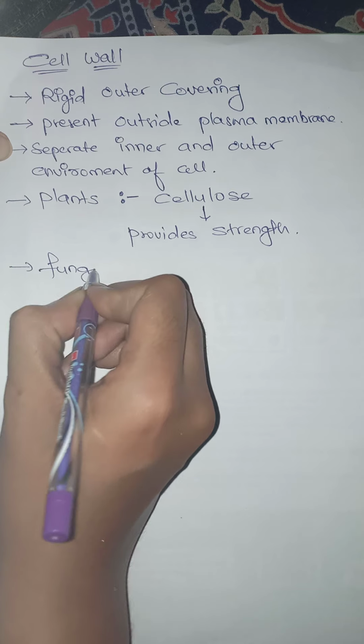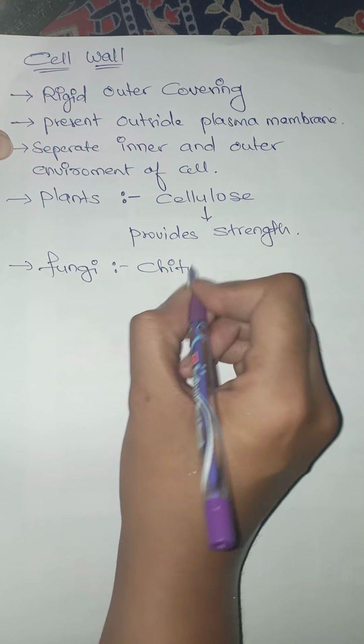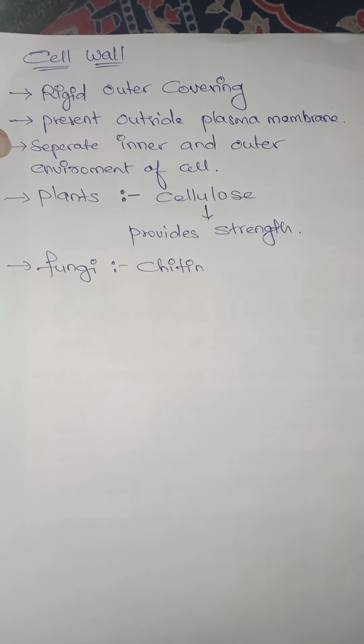Even the fungi, I'll give you the name of the substance from which the fungi cell wall is made. The fungal cell wall is made up of chitin, which also provides strength to it. We also have algae.